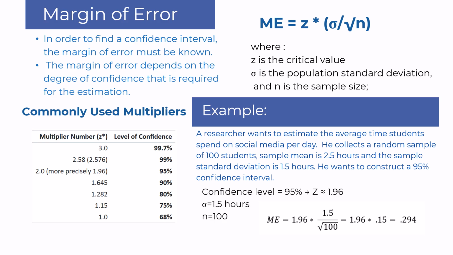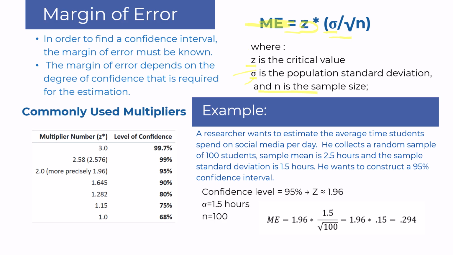The margin of error is equal to Z, that's the critical value, times the population standard deviation over the square root of n. So Z here represents the critical value, the sigma here represents the population standard deviation, and n is the sample size we get from the population.